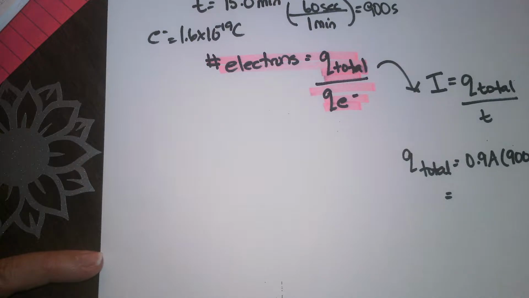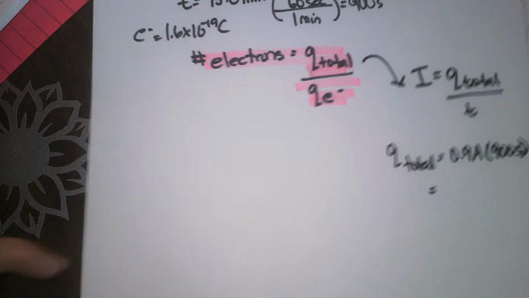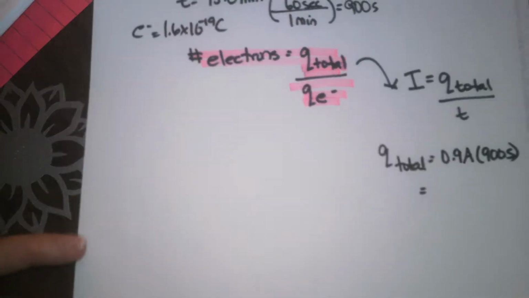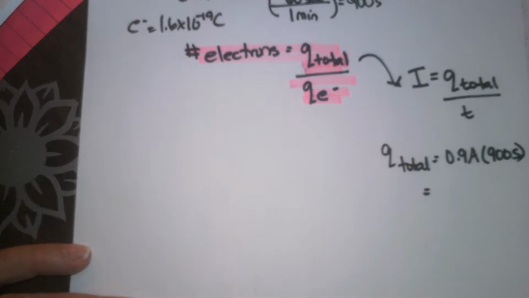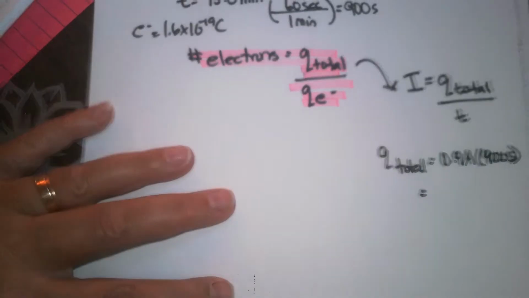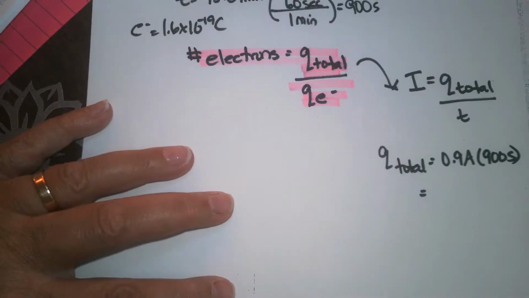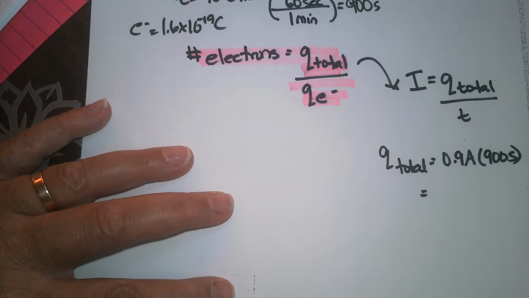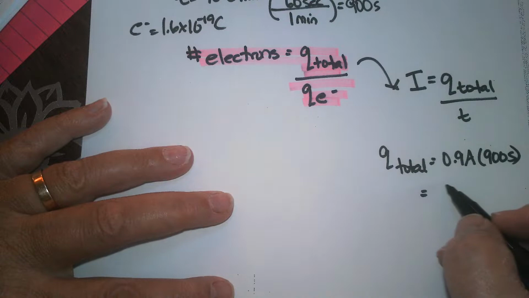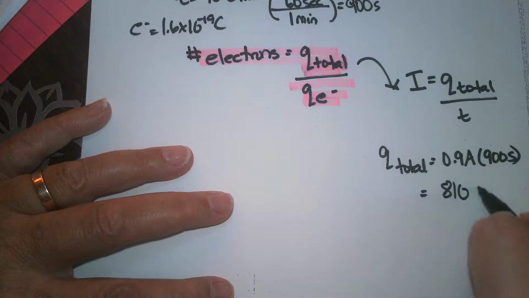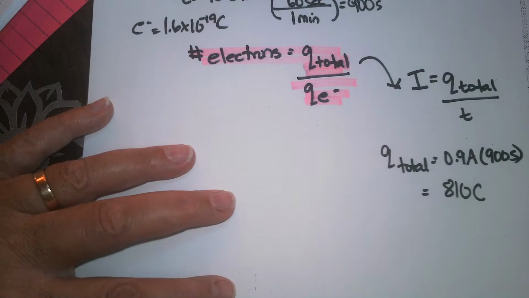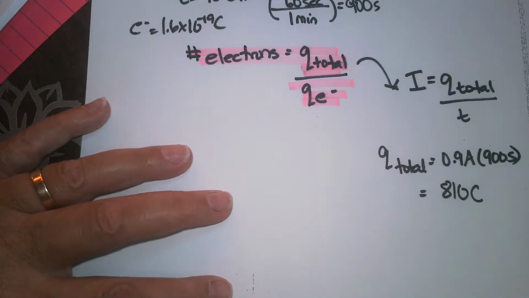And I get what's my total charge? 810 coulombs.